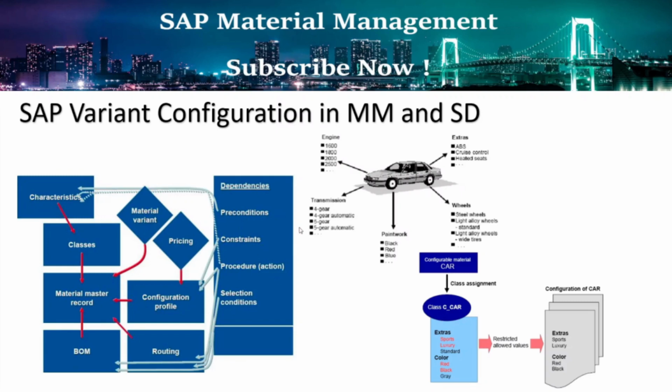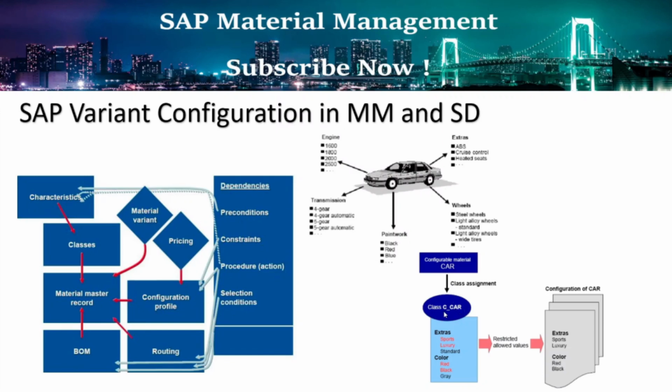For example, here we can see that we will have a material master record that could be the car, and in the classification view of the material master, we're going to assign a class. That could be like the class C car.